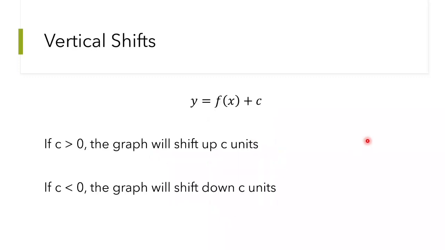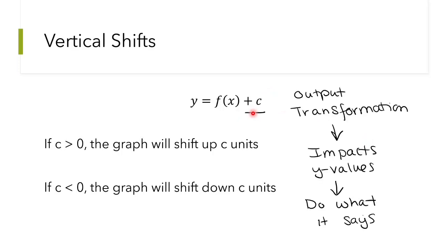So in this section, what we're going to be doing is talking about how when we modify equations, it modifies the shape of those basic toolkit functions. So we're going to start by looking at vertical shifts. If you add or subtract a constant to a function, this is considered an output transformation.